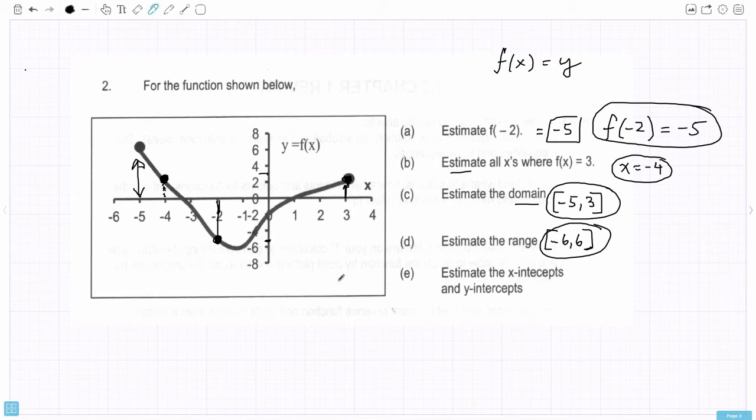Estimate the x-intercepts. Okay, what I'm doing now is looking for points where the function y value is 0. Those are my x-intercepts, where it crosses the x-axis. So that would be maybe -3.2, maybe -3.3.